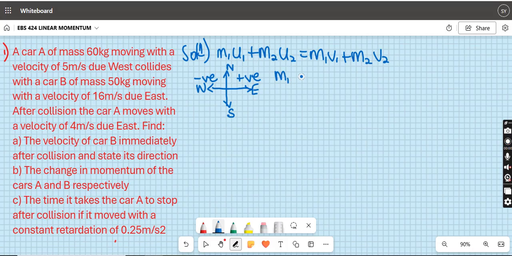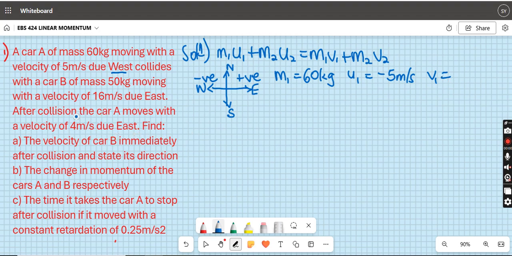So with that in mind, let us put down our values. Our m1, the mass of car 1 or car A, is 60 kilograms. Now, the initial velocity, it says due west. That is negative. So, let's write negative 5 meters per second. And then we are given our final velocity v1.